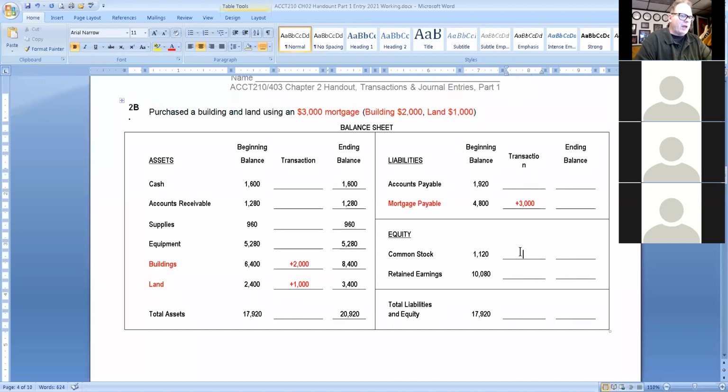The reason I'm adding these up here is to make sure you don't leave anything out. And if it doesn't balance out, you probably left something out. Okay, that one adds up.